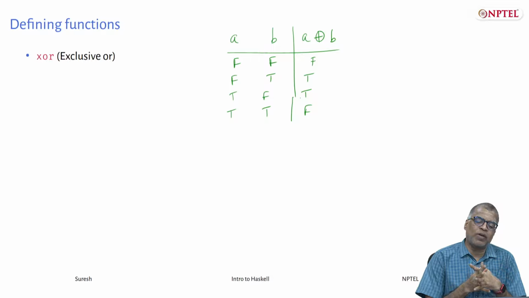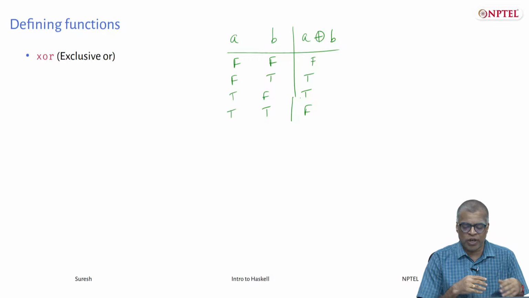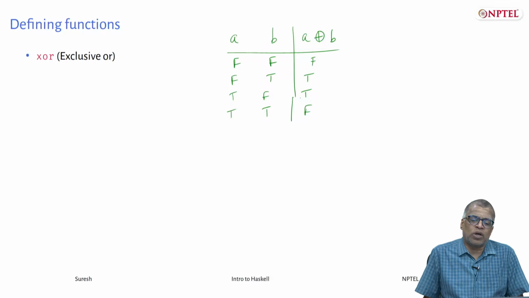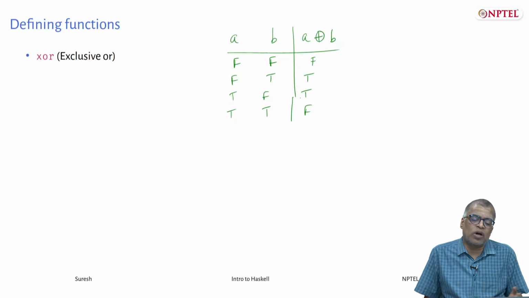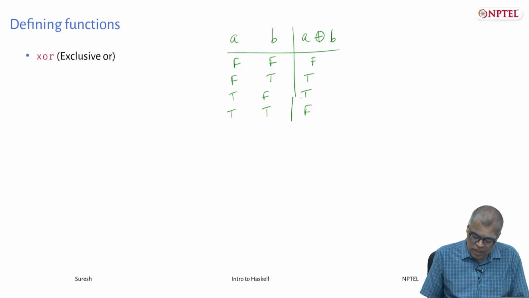And let's illustrate the multiple ways in which we can define functions in Haskell by giving various definitions for XOR. The aim here is not to memorize all these ways of defining functions, but to learn what are the various basic modes of expression in Haskell.